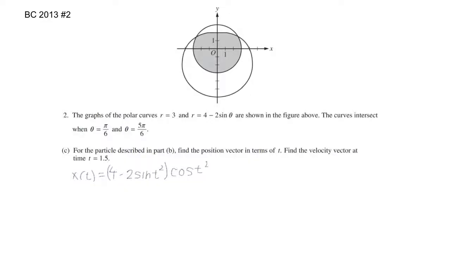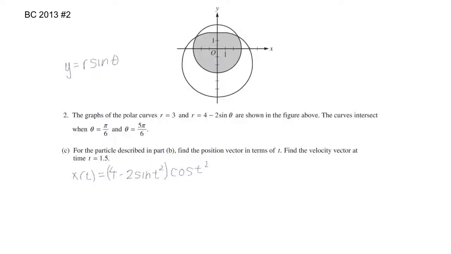And now we need to find the y position. Remember, I need to go back up here and write the formula again: y is equal to r sine theta. That's what I'm going to be plugging into down here.